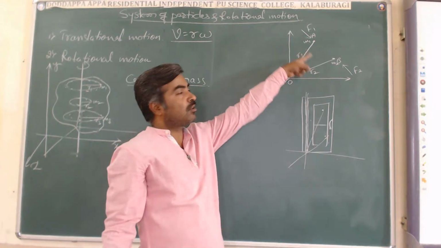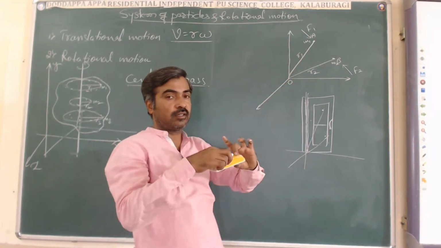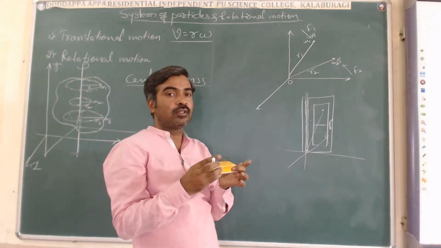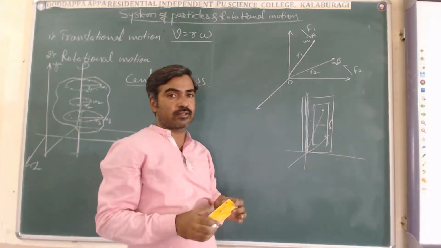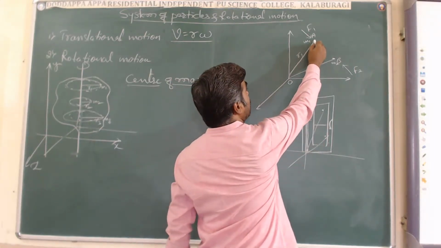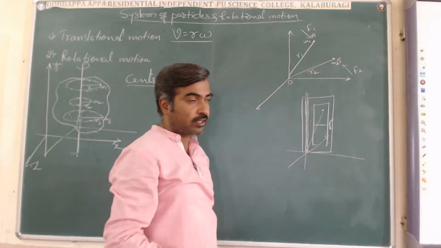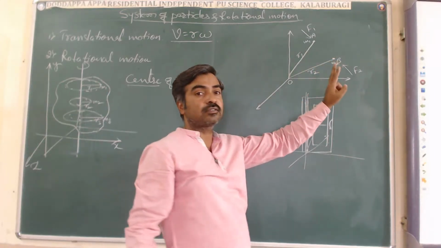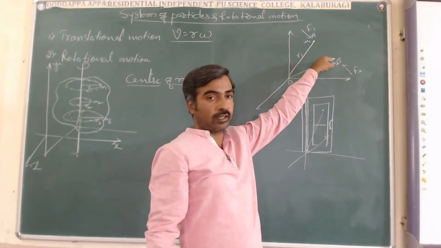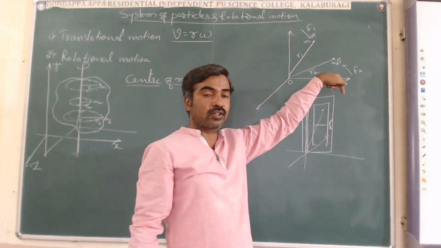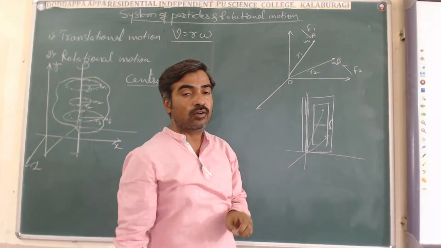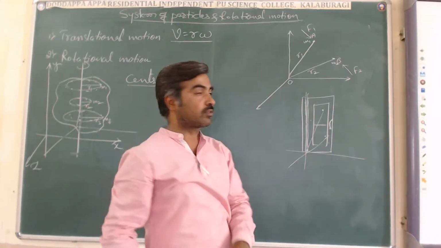When these two external forces are acting on the system, then, as we know, internal forces also exist within the system. Internal forces mean the first particle exerts a force on the second particle and the second particle exerts a force on the first. Both particles exert forces on each other. That is called internal forces.